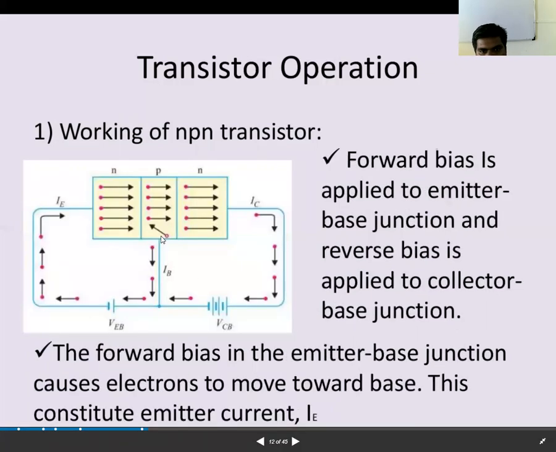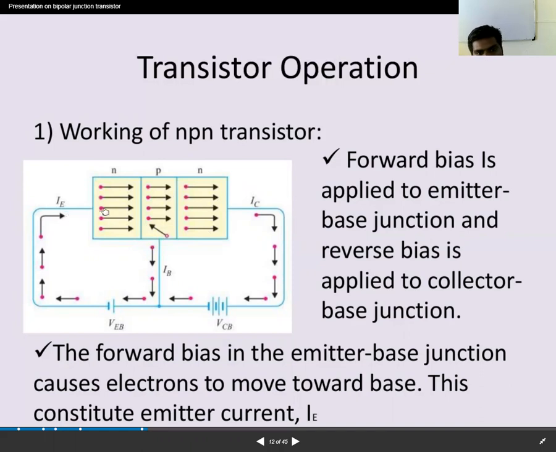Some of the electrons will try to take this path, but due to the moderate doping of the collector region, the electrons will start to flow here. Some will flow here, but most will flow from here.